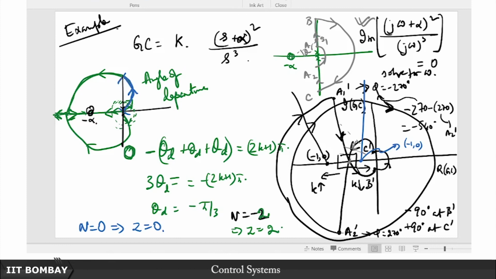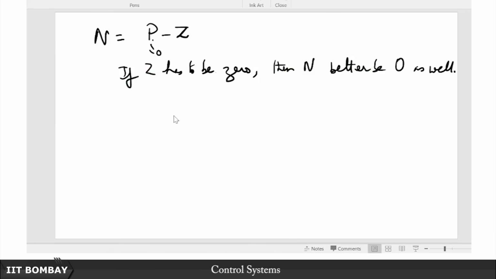So now having seen all of this at least qualitatively, we are in a good position to understand the notions of phase margin and gain margin. But so as to not confuse you and make any blanket statements, whenever I talk about phase margin and gain margin, I am going to implicitly assume that the system is at least open loop stable, that is all the open loop poles are in the LHP, in other words P is always going to be 0.